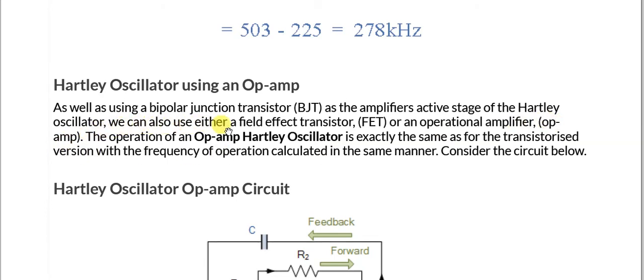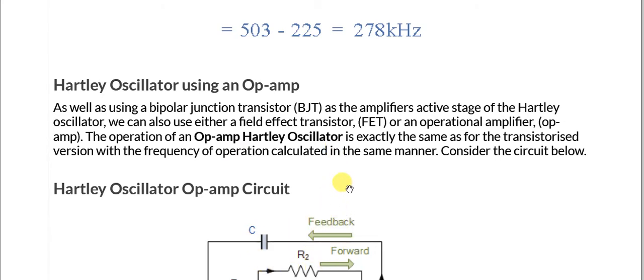We will be doing the FET later, but by the time you see this, the FET and op-amp lectures might be uploaded, and you might have studied them, then it will be easier for you. The op-amp Hartley oscillator is not in your course, only the bipolar junction transistor is included. So just for the sake of knowledge, you should also have an idea about it.